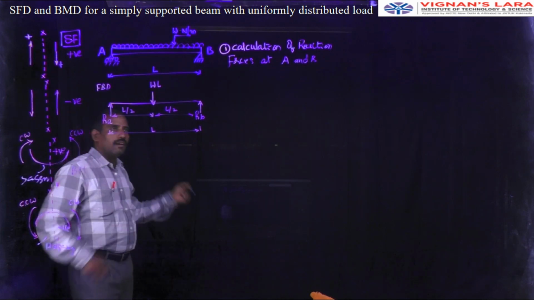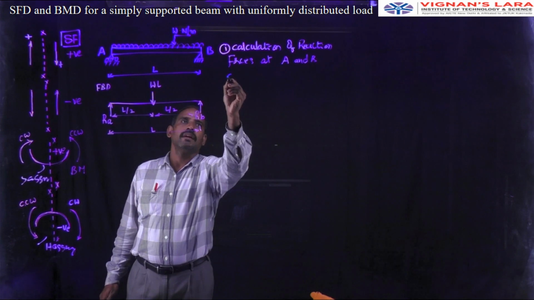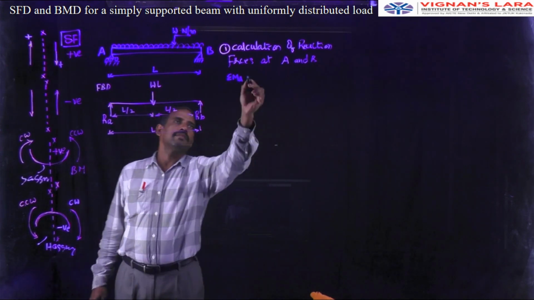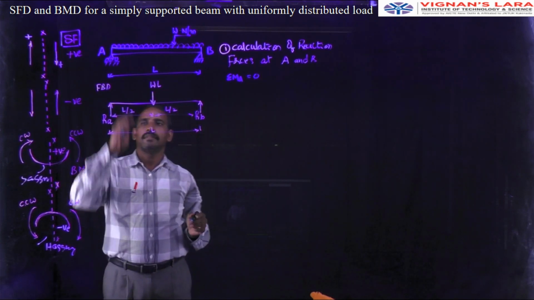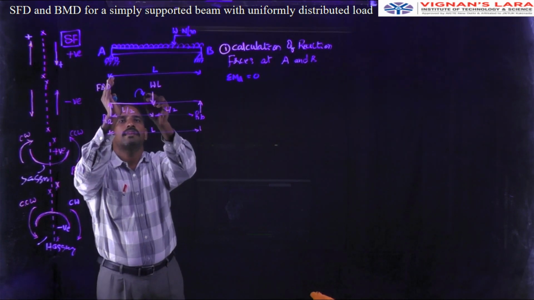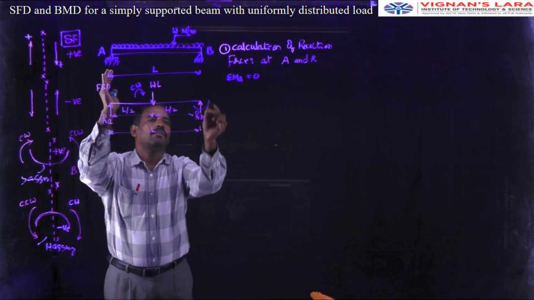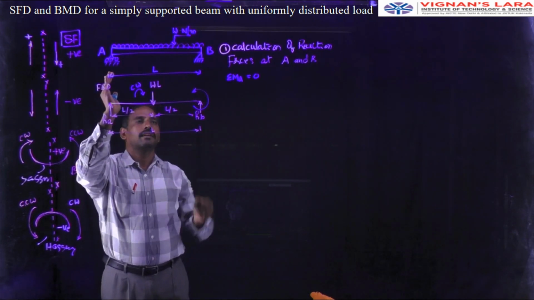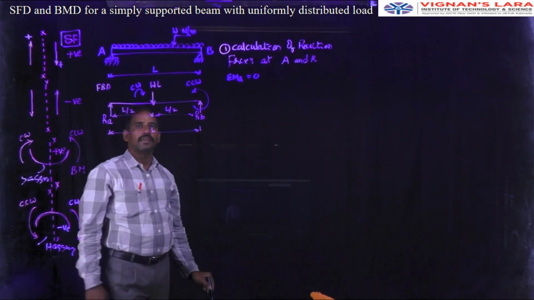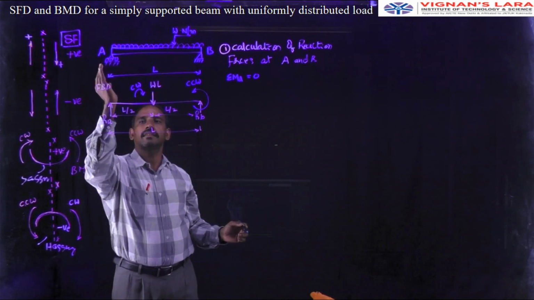For that, taking moments of all the forces about A and applying the condition of equilibrium, sigma MA is equal to 0. While taking moment about A, WL produces the clockwise moment with respect to A, and RB produces the counterclockwise moment with respect to A. The moment produced by WL is at a distance L by 2.